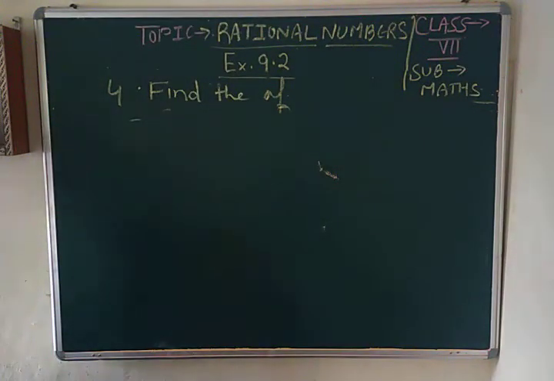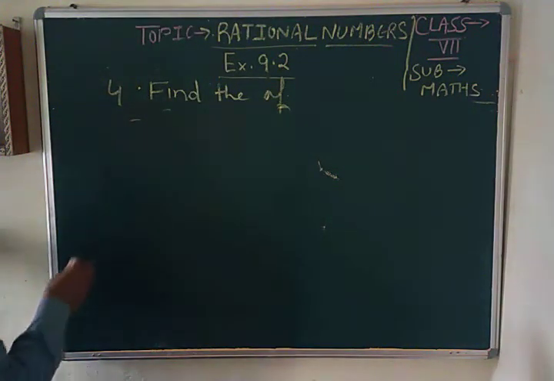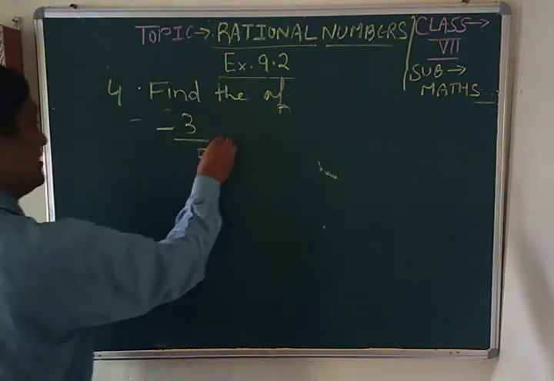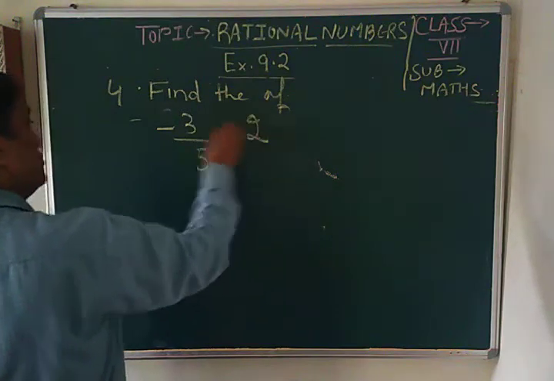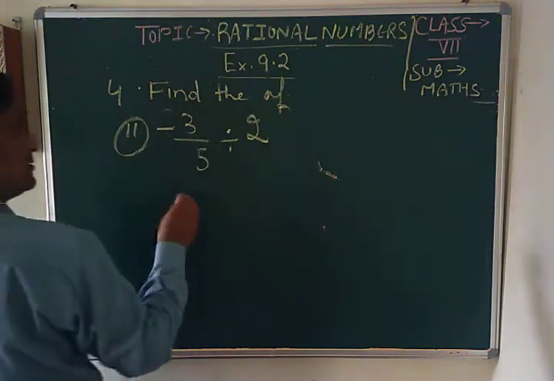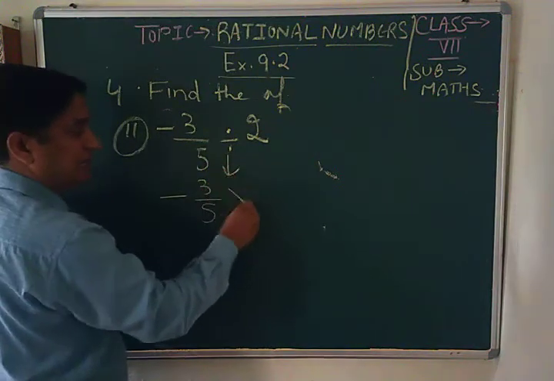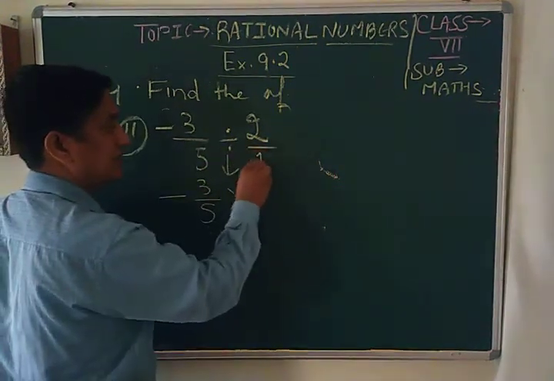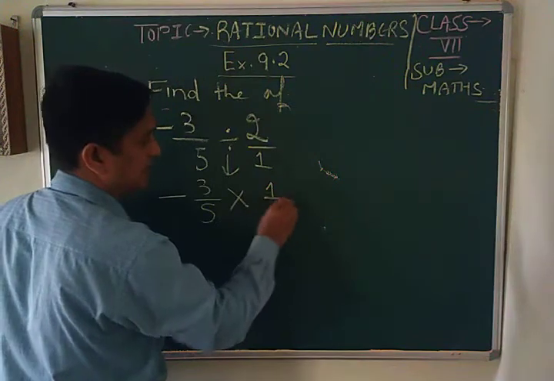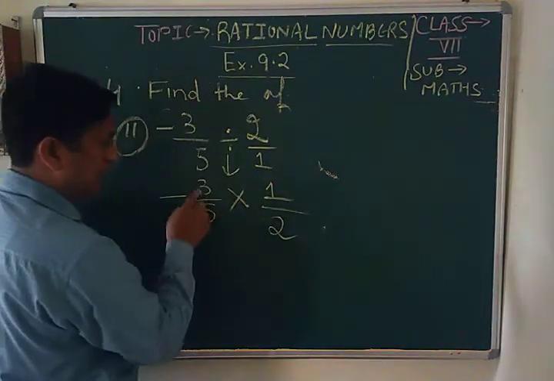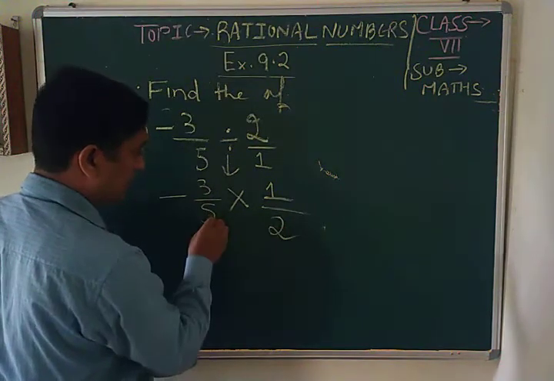Second part is minus 3 upon 5 divided by 2. Same as we will follow. Change this into multiply and write down the reciprocal of this divisor. It becomes 1 upon 2. Now, is any one of them divisible by this 2 or this 5 or this 3?